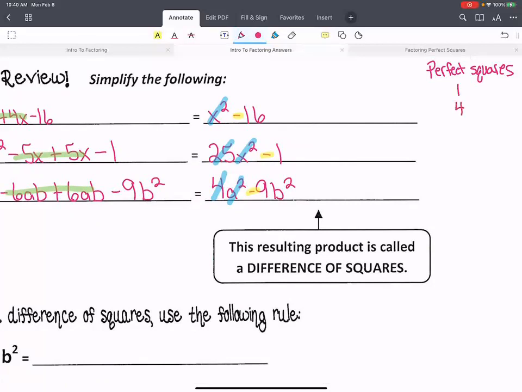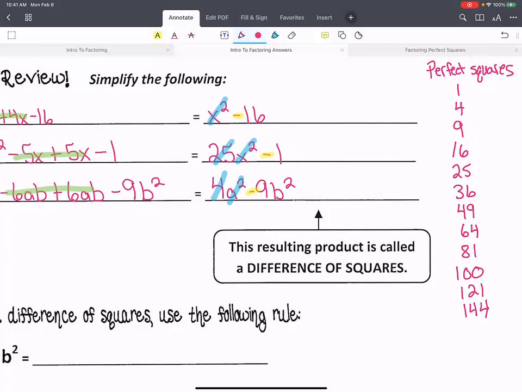What's 3 squared? 4 squared? 5 squared? 6 squared? 7 squared? 8 squared? 9 squared? 10 squared? 11 squared? Then we follow 121. 12 squared? 144. Guys, those are what are known as perfect squares.